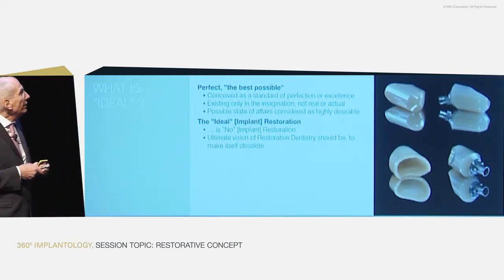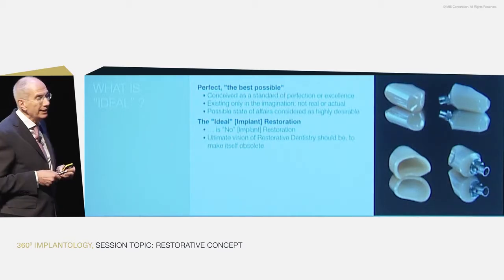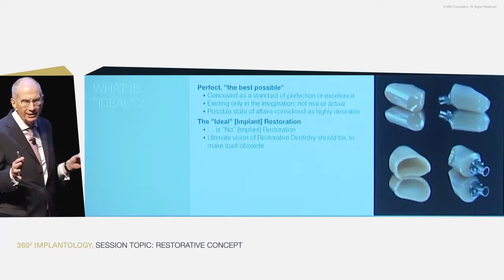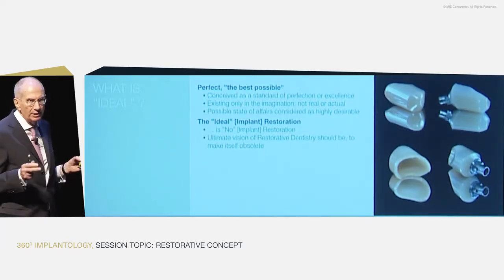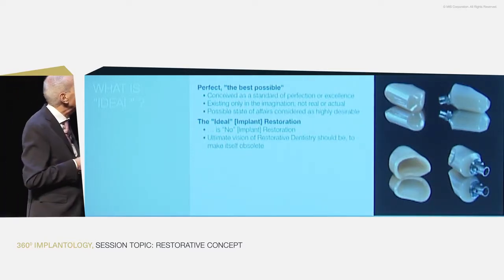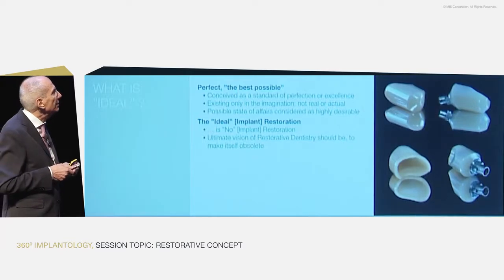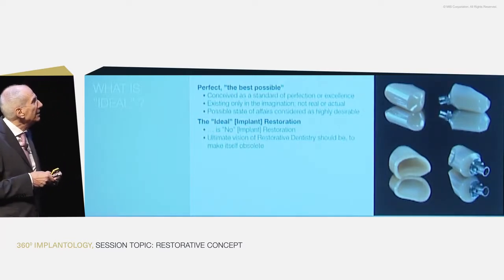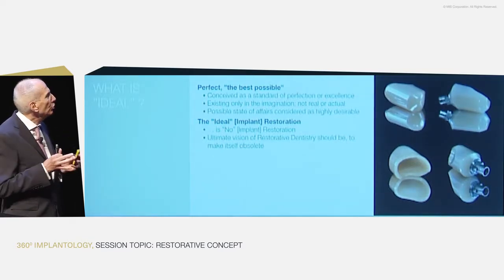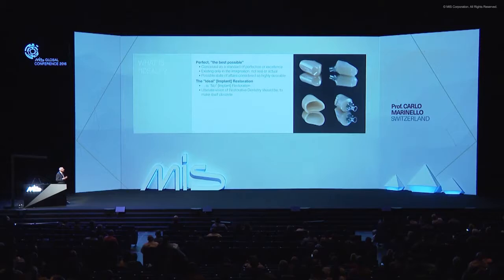And we have to remember that for every prosthodontist, the ideal is the restoration that I never did, because the natural teeth are still the best, and we always have to compare with the situation of the natural dentition. So at the end, as a prosthodontist, our ultimate vision should always be that we make ourselves obsolete. Sounds very strange in an implant meeting, but in the background we always have to remember that.